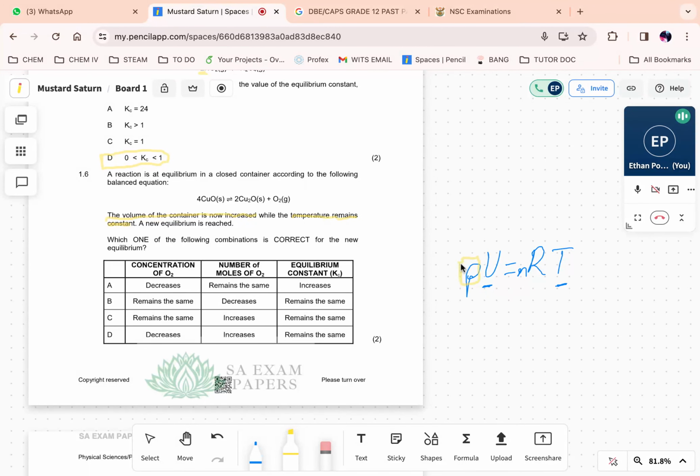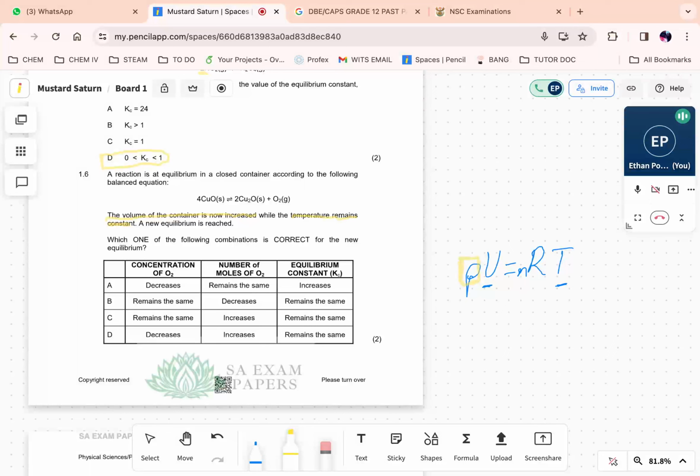One of these three has to change. Okay. So with that in mind, what it basically means is that the concentration of O2 would stay the same, but there would be more O2 in the system.